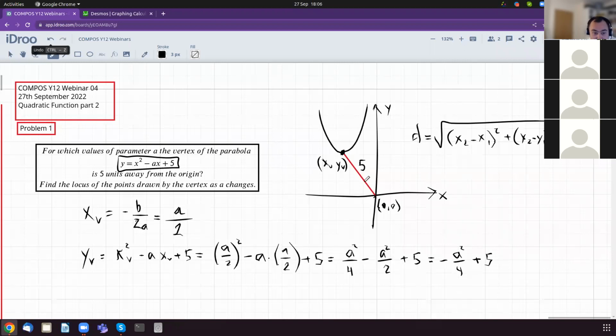In other words, it's the Pythagoras theorem, because if this is x vertex and this is y vertex, then this squared plus this squared is 5 squared. Okay, I'm hoping that makes sense. So the distance is 5, and if we square both sides, it makes 25. So x vertex squared plus y vertex squared is 25.